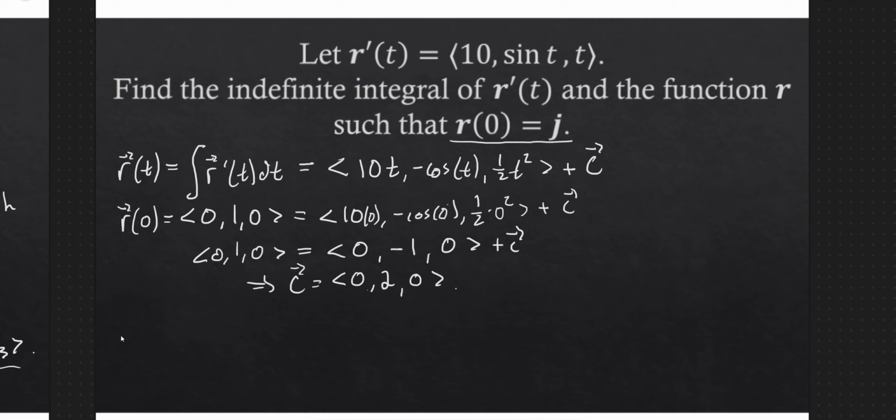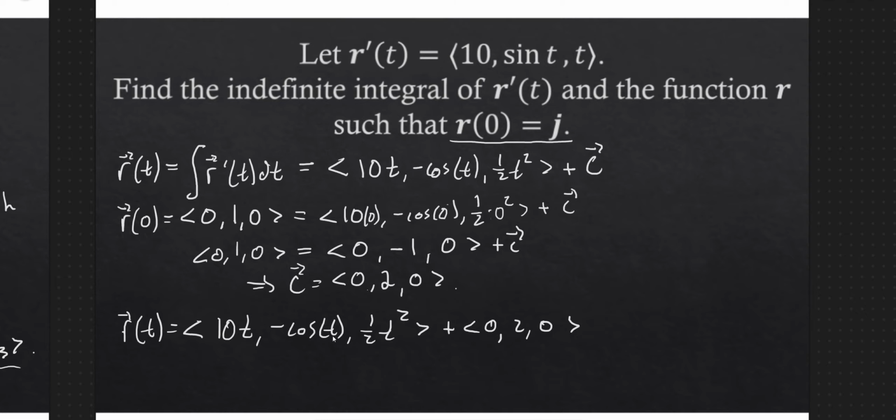So r of t, now that I've solved my initial value problem, is 10t, minus cosine of t, 1/2 t squared, plus 0, 2, 0. And usually we'll combine these, because we want it to be a single vector-valued function without anything else going on. So this will be 10t, 2 minus cosine t when I add 2 to it, and then 1/2 t squared.